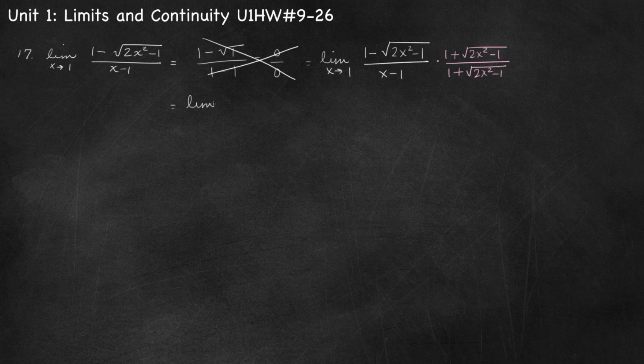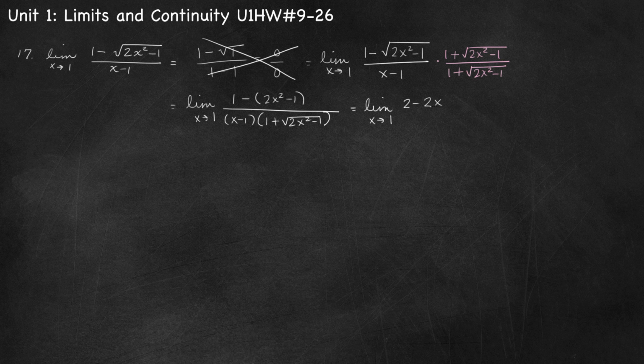So that's going to equal the limit as x approaches 1 of 1 minus the quantity 2x squared minus 1 over x minus 1 times 1 plus the square root of 2x squared minus 1, which simplifies to, so we have 1 minus 2x squared plus 1, or 2 minus 2x squared.